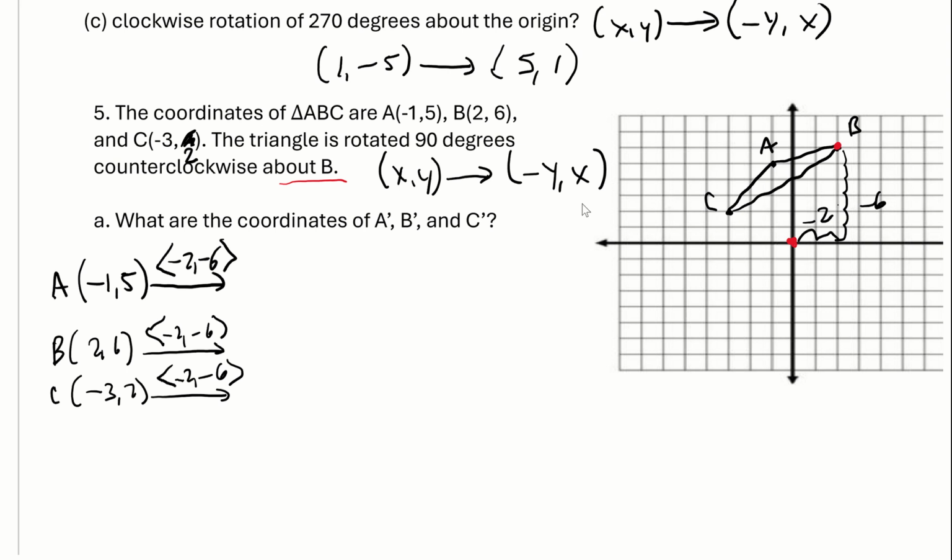So if I do -1 minus 2, I get -3. 5 plus -6 is -1. We get 2 minus 2 is 0. 6 minus 6 is 0. -3 minus 2 is -5. 2 minus 6 is -4.